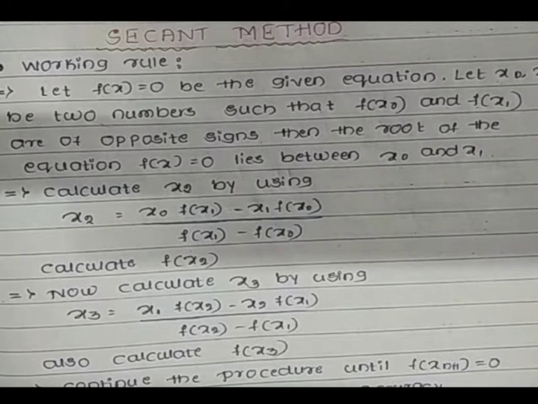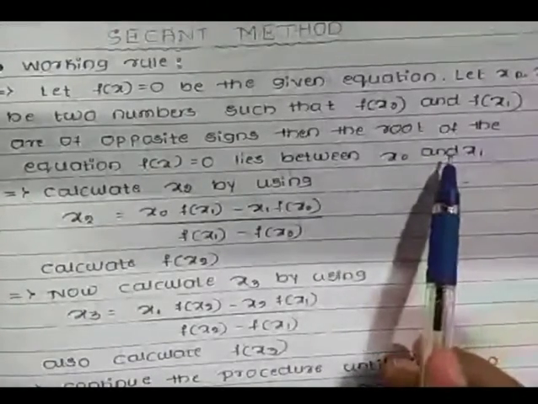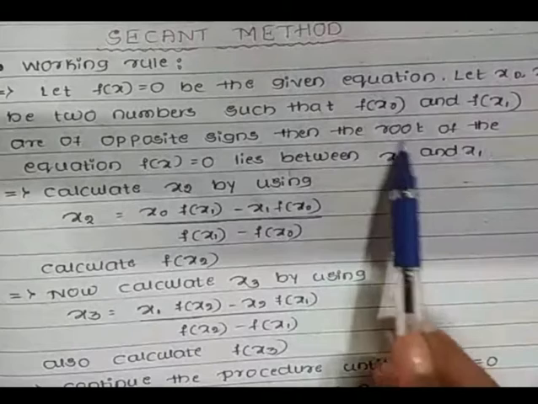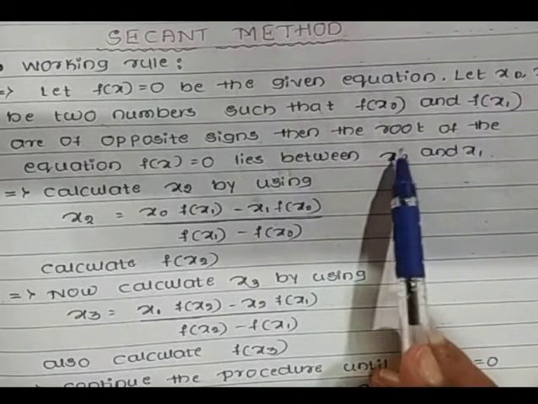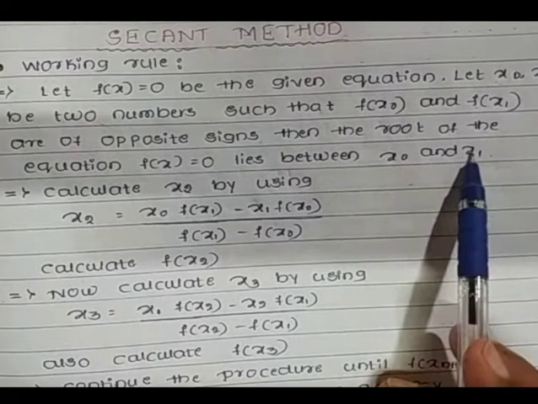See, in the previous two methods, the first approximation we calculate starts from x1. But here we are already considering the first and second roots as x0 and x1, so the approximation is already taken between x0 and x1.